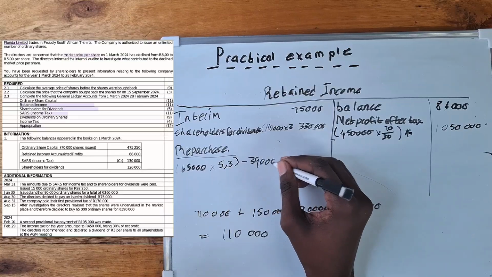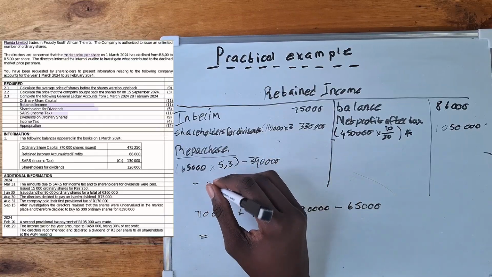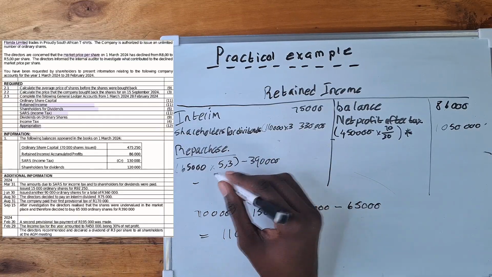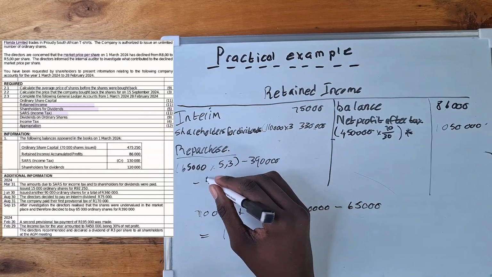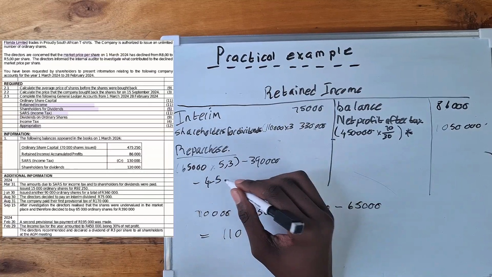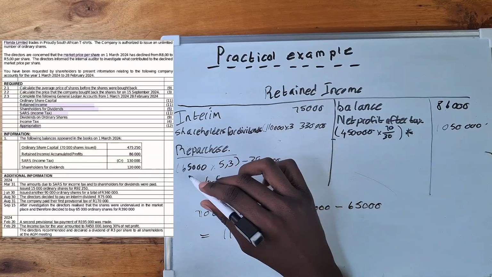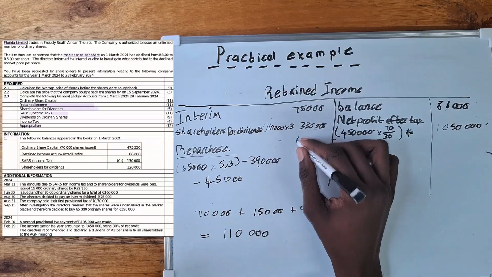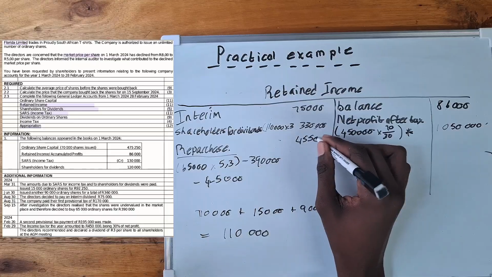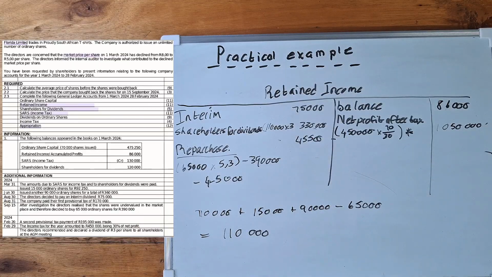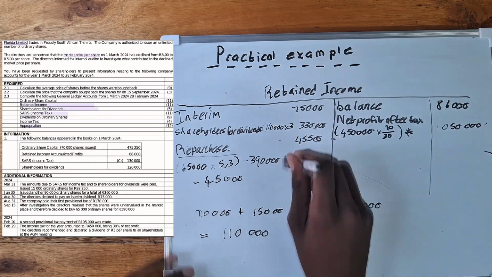So this should give you a negative amount of 45,500. So here you could just write this, and then you write 45,500, and just like that, you have plugged in all of your information now.